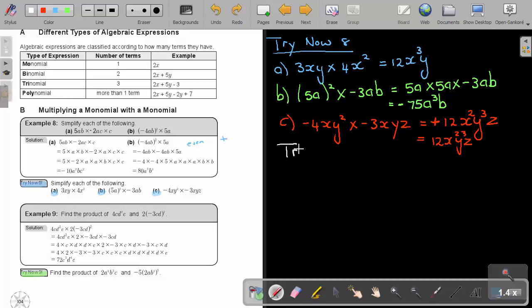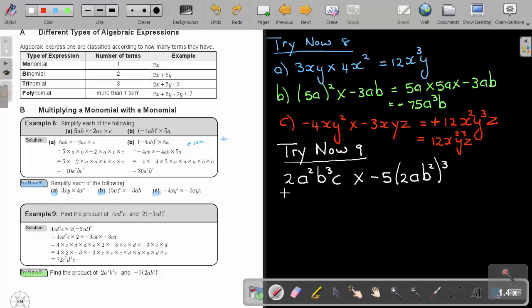Okay, let's do try now 9. Find the product, it's multiplication, so it's 2a squared b cubed c multiply negative 5 2ab squared cubed. Okay, now let's first write it out in expanded form.